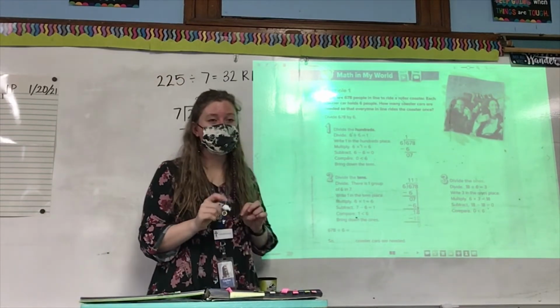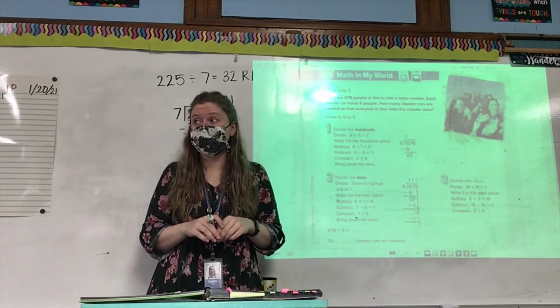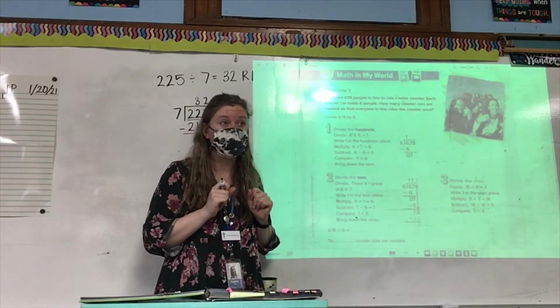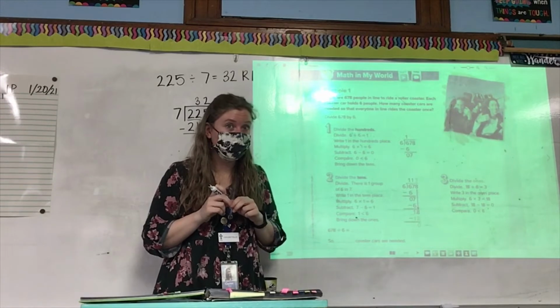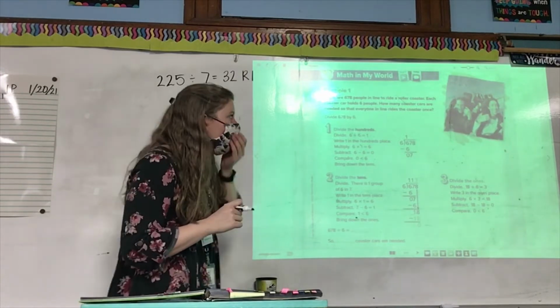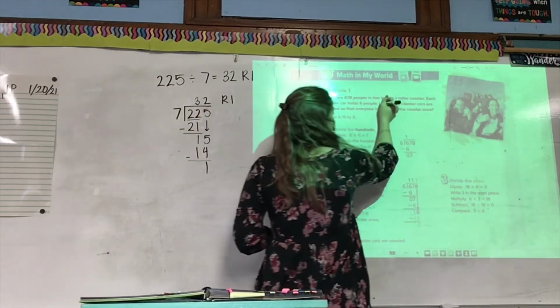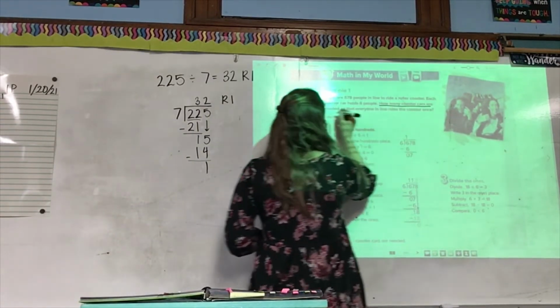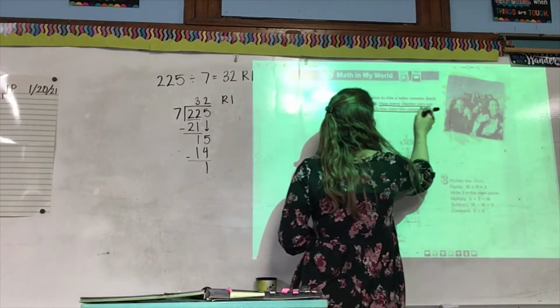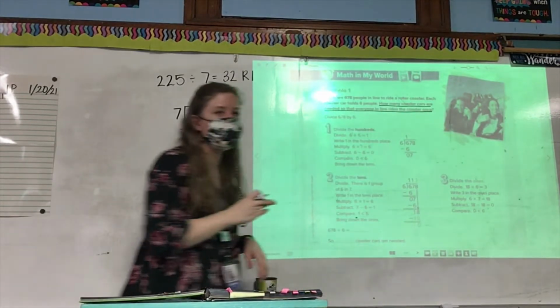First things first. Remember, I model example 1, which means you better be focusing. Do not zone out just because I'm not calling on anybody. I find my question first. How many coaster cars are needed so that everyone in line rides once?